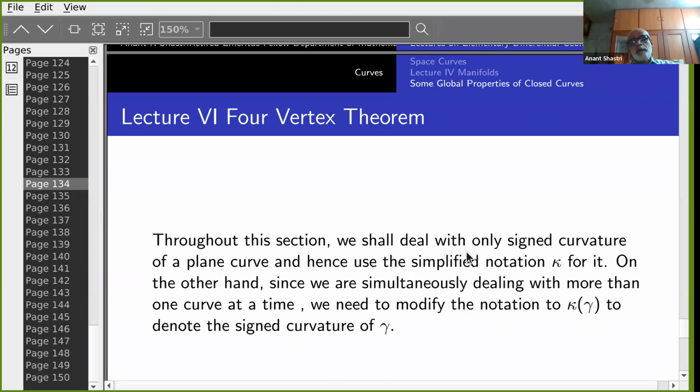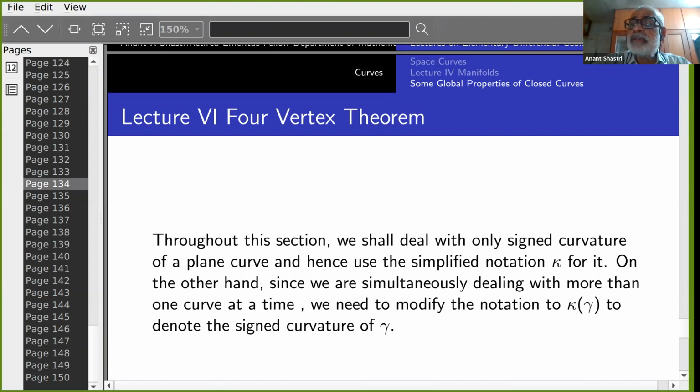In this section, we have to do with the signed curvature of a plane curve. Since I am not going to deal with the ordinary curvature, the signed curvature I have denoted by k suffix s. Instead of that, I will just write it as k only.